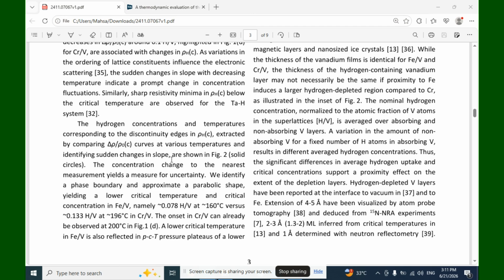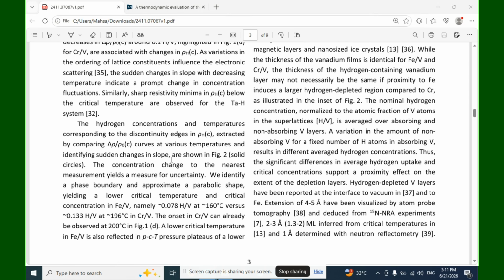We identify a phase boundary and approximate a parabolic shape, yielding a lower critical temperature and critical concentration in Fermi V, namely 0.078 H per V at nearly 160 degrees Celsius, versus 0.133 H per V at nearly 196 degrees Celsius in chrome V.